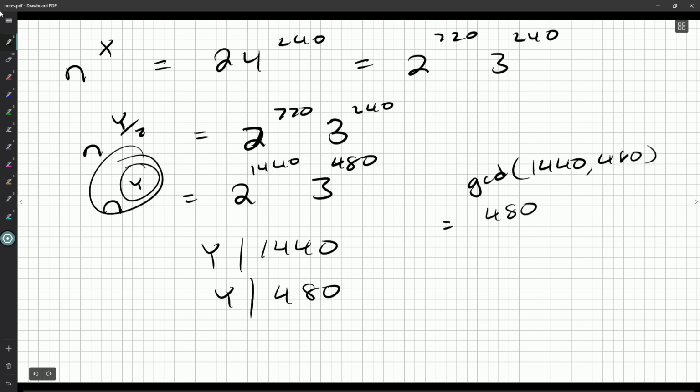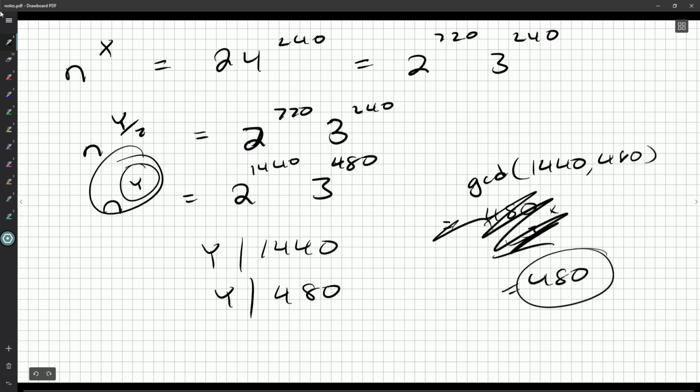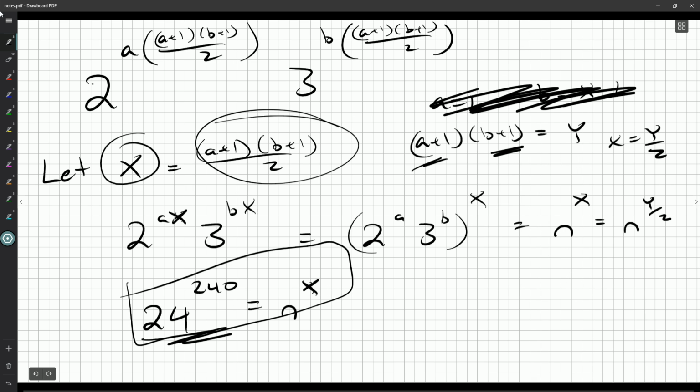Oh, 480 times 3 is... So, okay, GCD is 480. So y can be any factor of 480, and that should, in theory, produce an a and a b, as long as y is not prime.